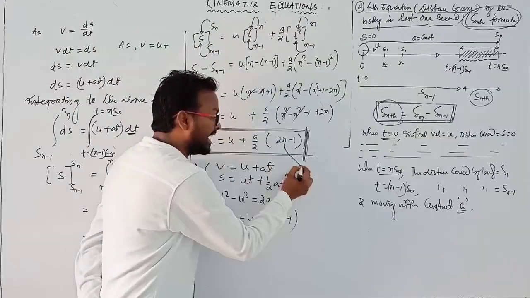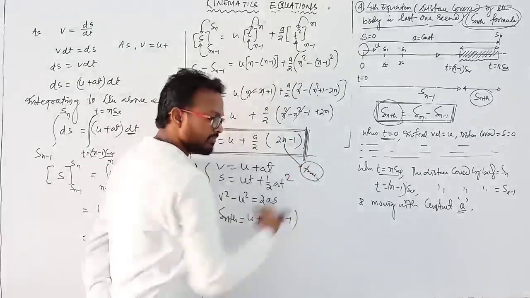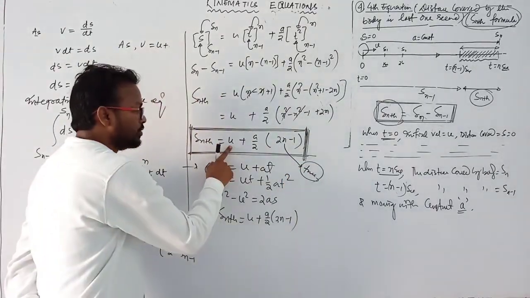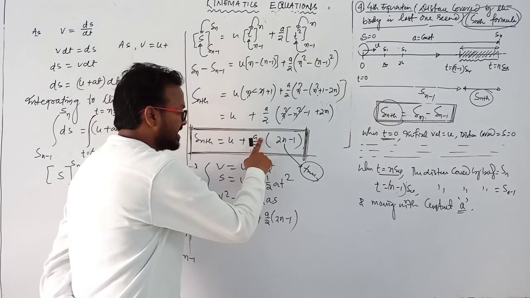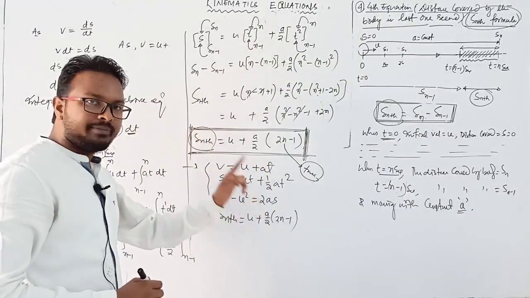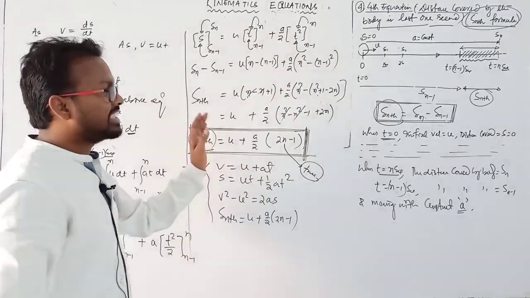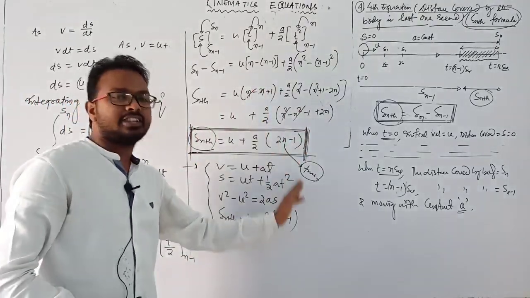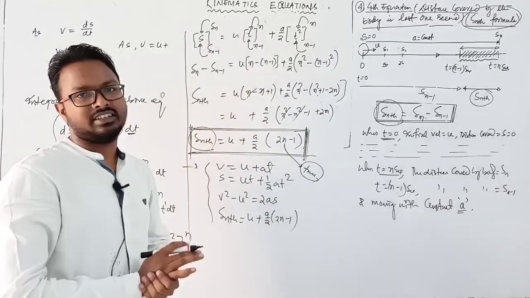What is n? n is the time. Clear? And what is u? Initial velocity, and a is constant acceleration. What is Snth? Snth means the distance covered by the body in the last 1 second, like 3 second to 4 second, 5 second to 6 second, meaning the last 1 second. Clear?